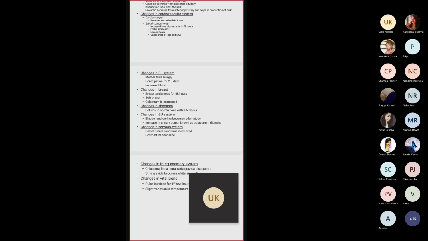Some women may have varicosities in the anus and legs during pregnancy, and that may continue throughout the puerperal time period also.